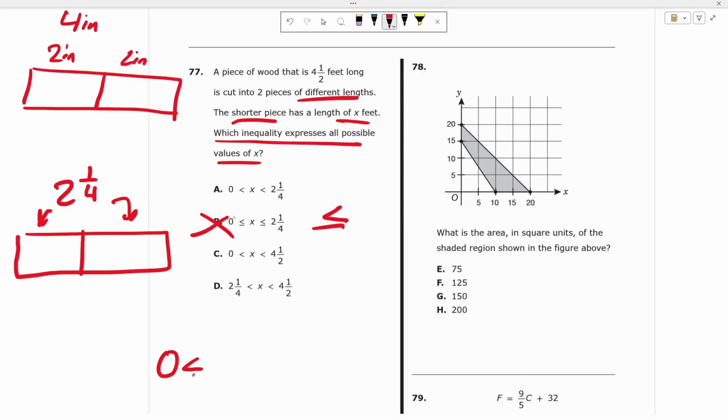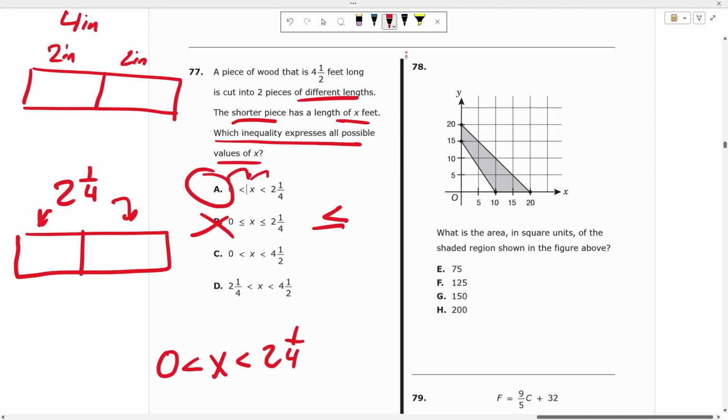So it has to be definitively bigger than 0, and it has to be less than 2 1/4. It can't be less than or equal to 2 1/4 because that means it could be 2 1/4. If it is 2 1/4, it's half. So for x to be the shorter piece, it has to be smaller than half. So it has to be bigger than 0, but less than 2 1/4.